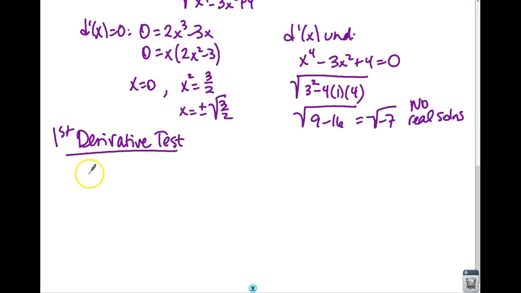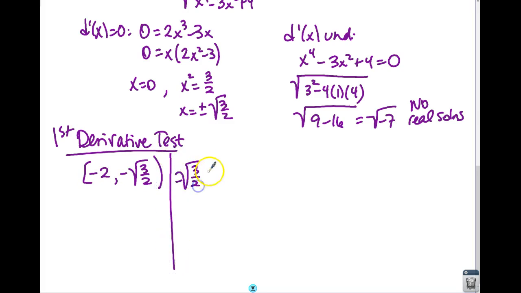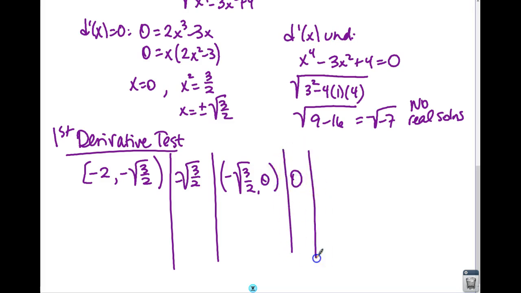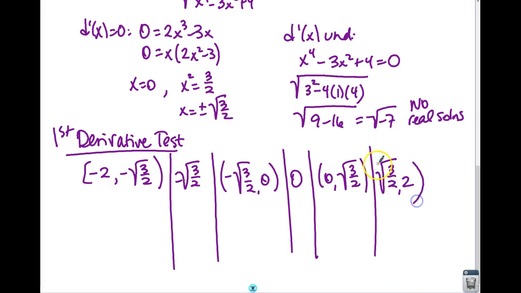So -2 is where I'm stopping. -2 to negative root 3/2. What is happening at negative root 3/2? I know that my derivative is 0 here. Negative root 3/2, comma 0. Oops, I almost wrote infinity. All right, actually, I'm going to just put stop.